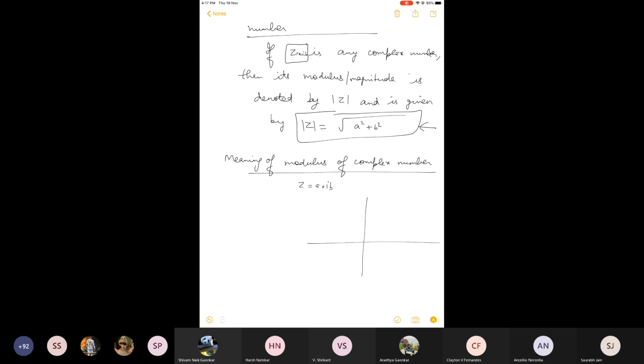If z equals a plus iota b, it is actually a point in the Argand plane: first the real part, then the imaginary part. We call these two axes the real axis and the imaginary axis, and then we denote the complex number by this point.